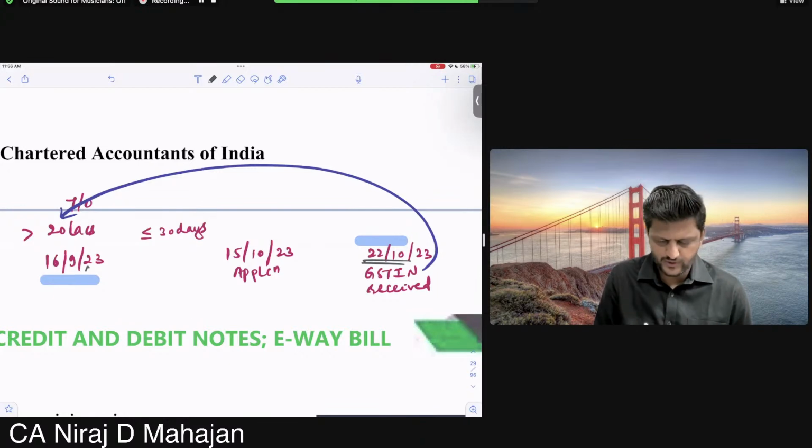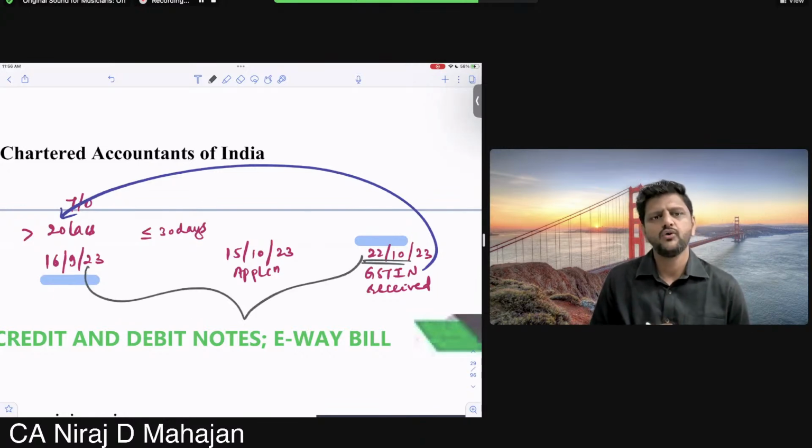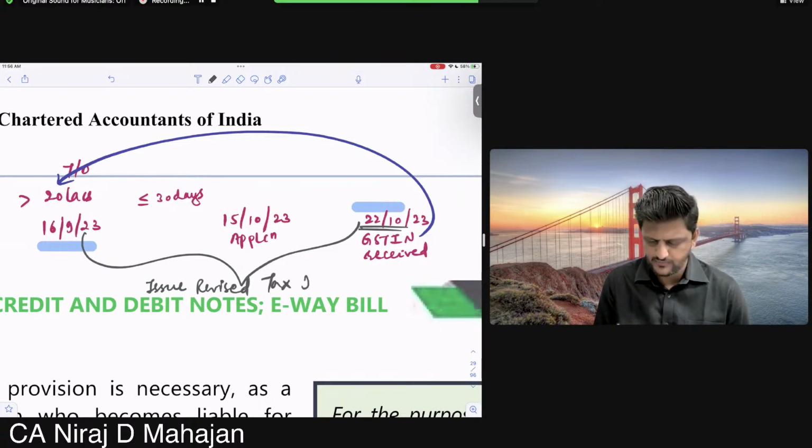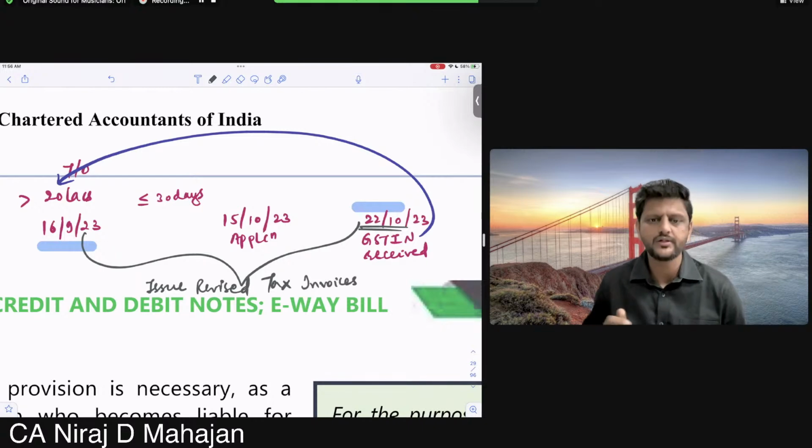For this period, issue revised tax invoices. Understood earlier?